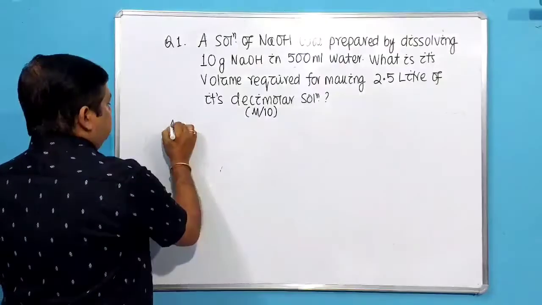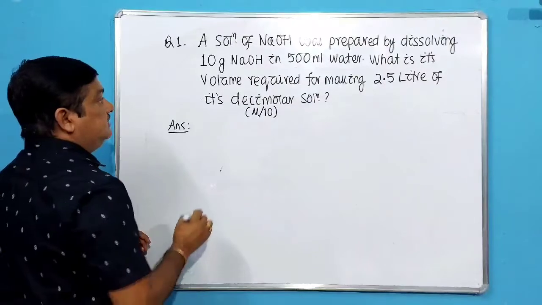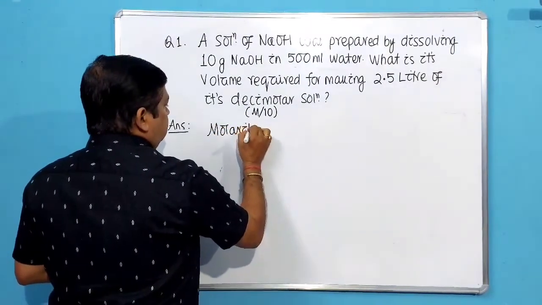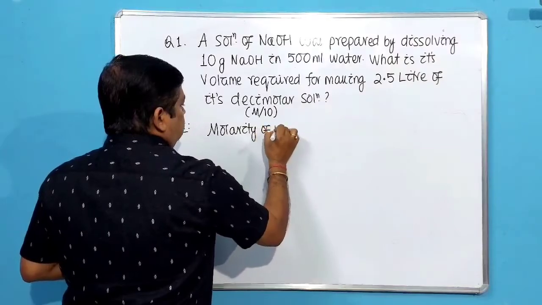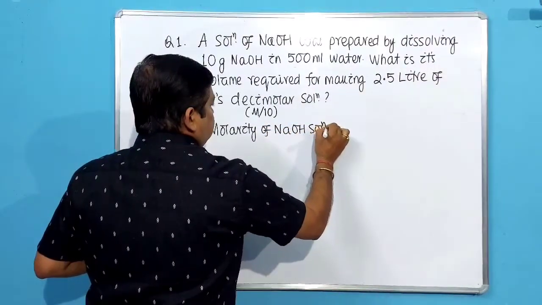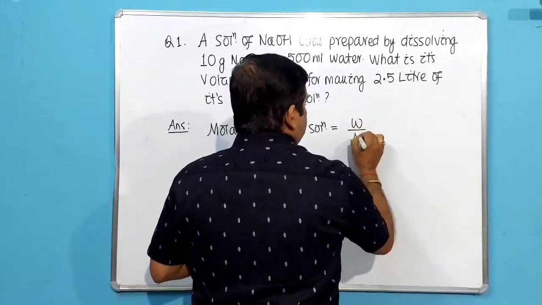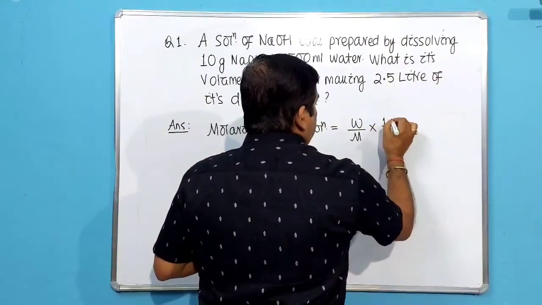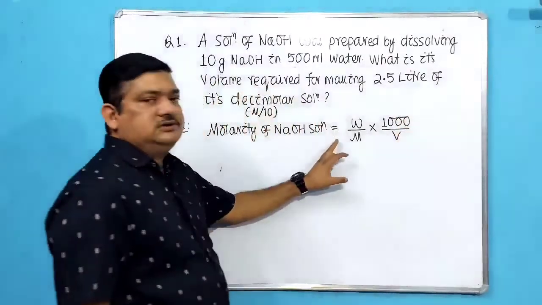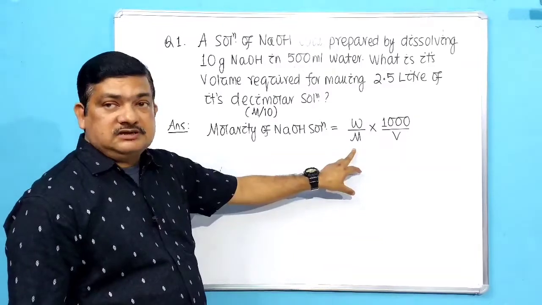So we'll solve it. First we'll find the molarity of the sodium hydroxide solution. The formula is W by M into 1000 by V, where W is the mass of the solute, here sodium hydroxide, and M is the molar mass of the solute.